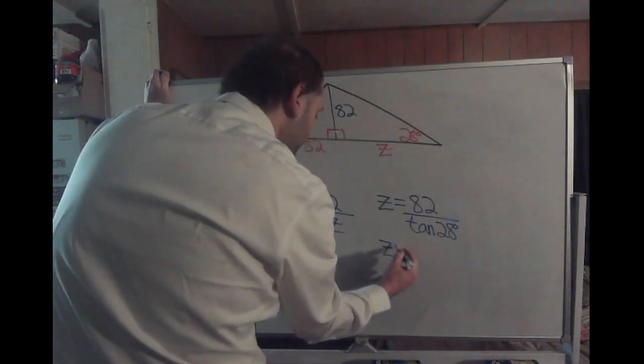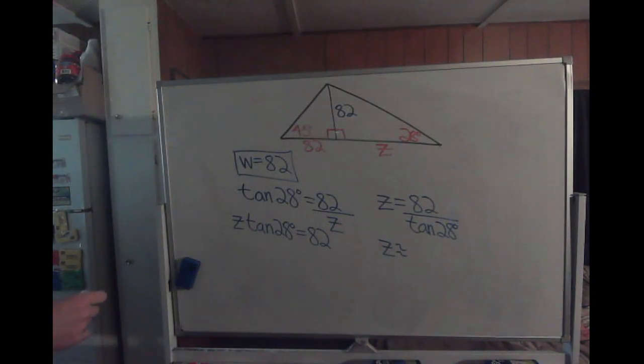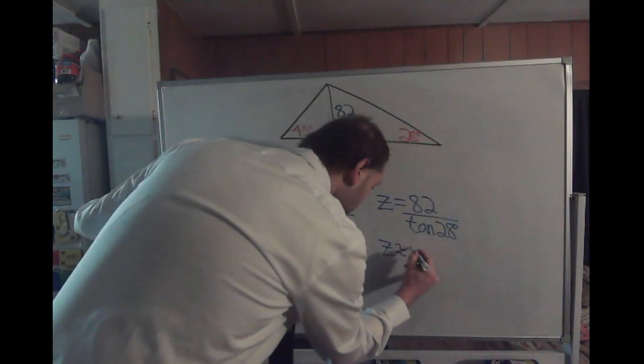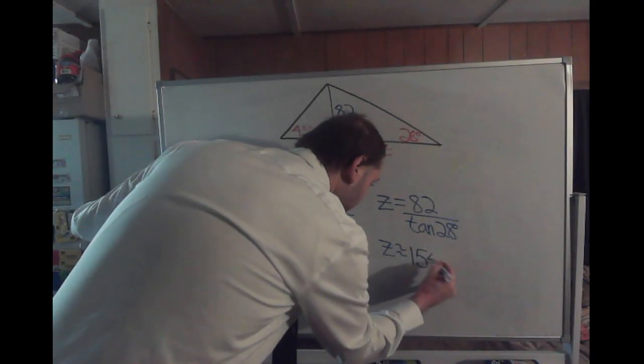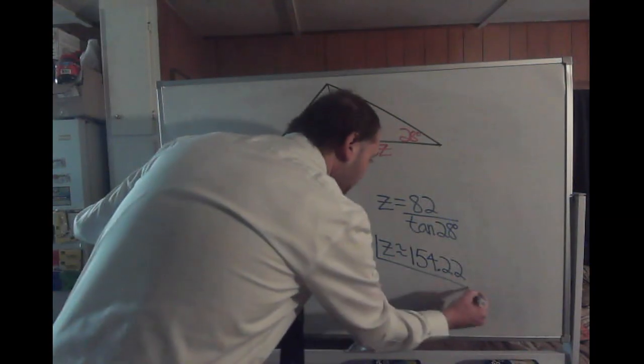So then we should now get a 2 decimal place approximation. 82 divided by the tangent of 28 degrees would give you about 154.22. So the approximation for z is 154.22.